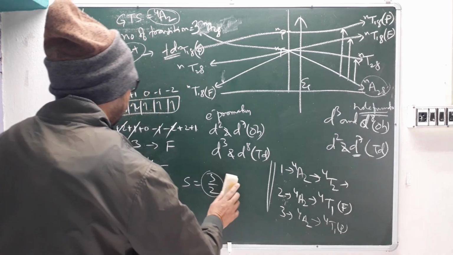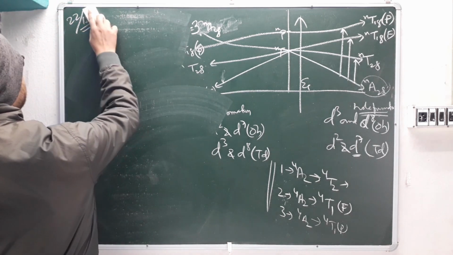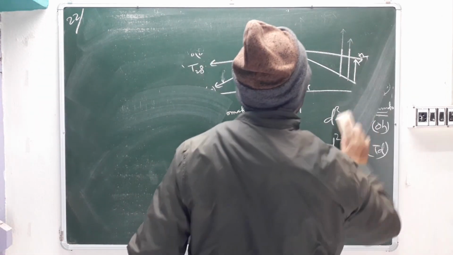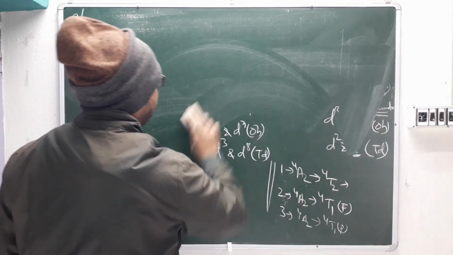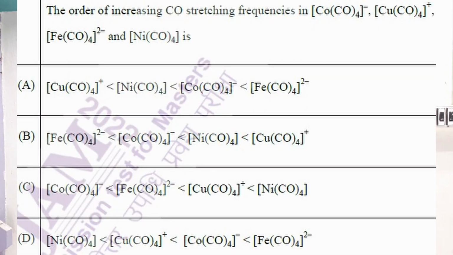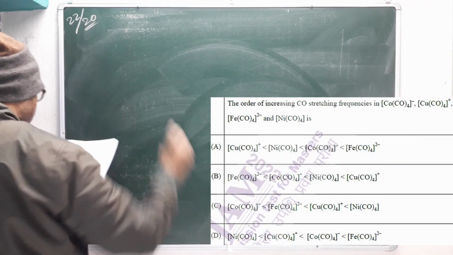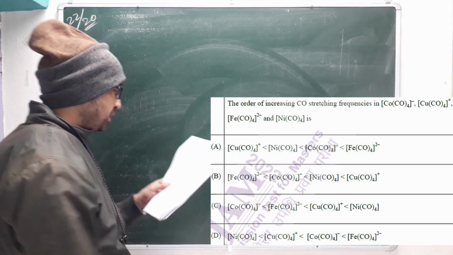Now the question number we have is 20. We'll see the same year, question number 20. So you can see the question on the screen. Question number 20 says, the order of increasing CO stretching frequencies.